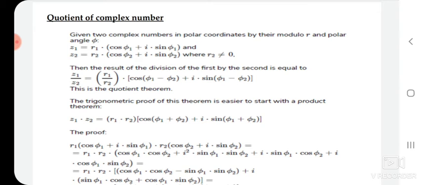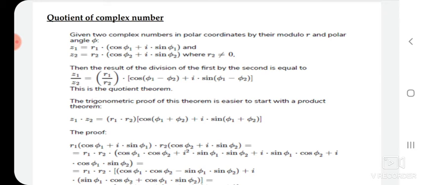The same procedure can be applied in a spherical polar coordinate system. x can be replaced by r, y can be replaced by theta, and z can be replaced by phi. r, theta, phi are the coordinates of the spherical polar coordinate system. As we know, z is the complex number which can be represented by x plus iy. x is the real part and iy is the imaginary part.